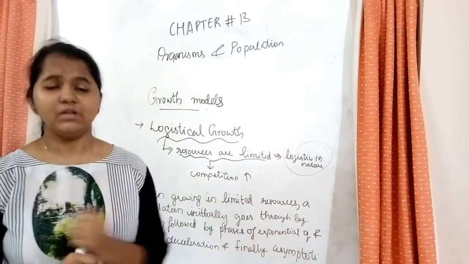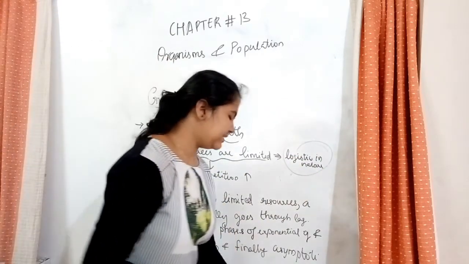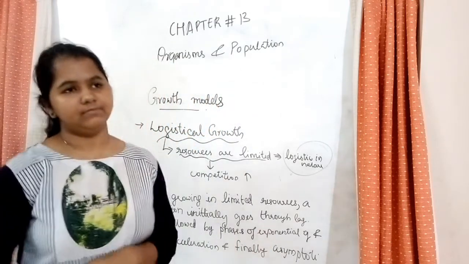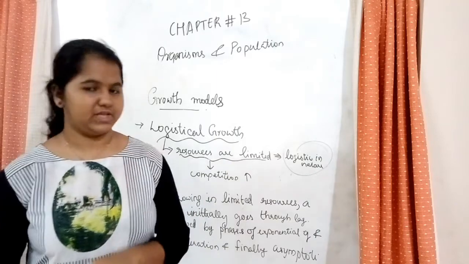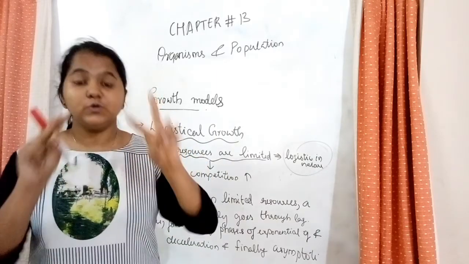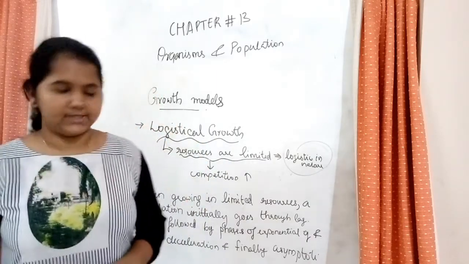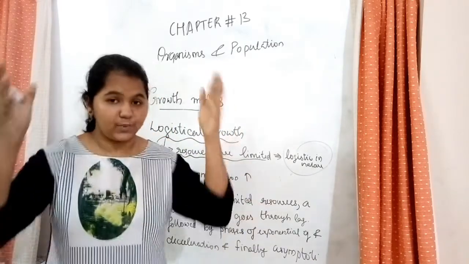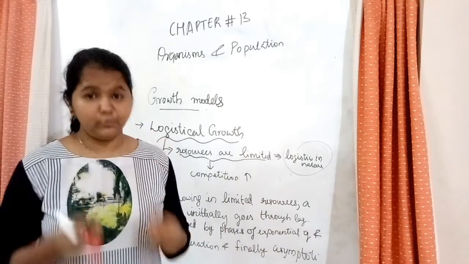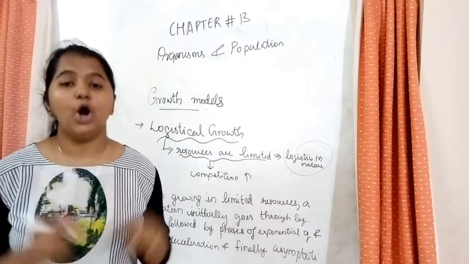Okay? So let's say the condition of an aquarium. Over there you have two bottom feeders, that is two species, two kinds of bottom feeders. And there is only limited food. It's an aquarium, it's not a sea, so there is very little food. So what would happen? There would be competition for food.